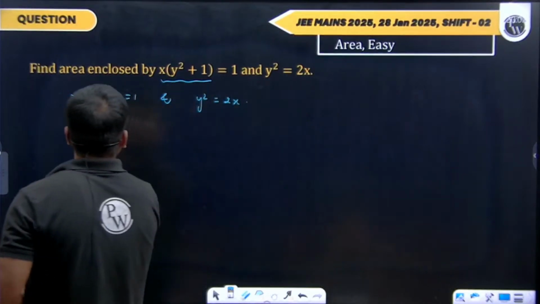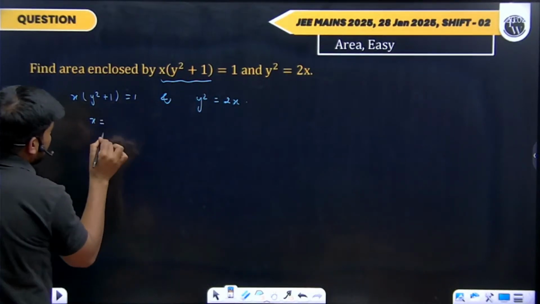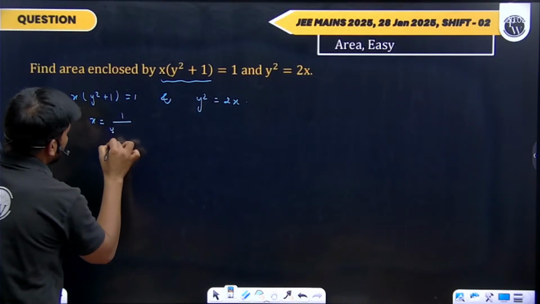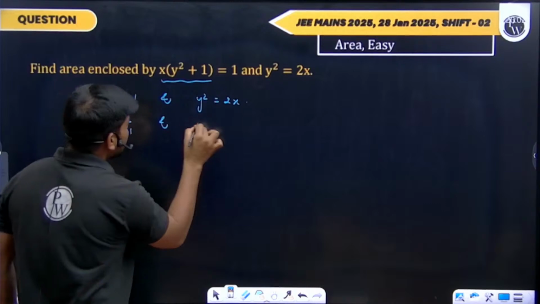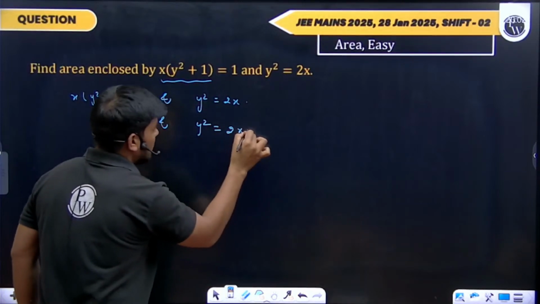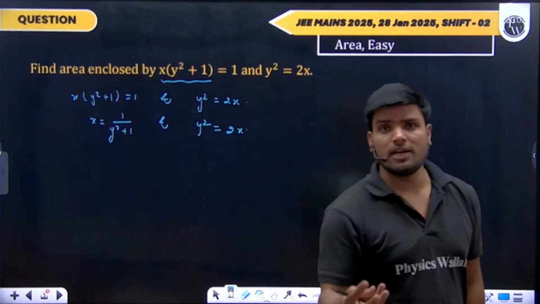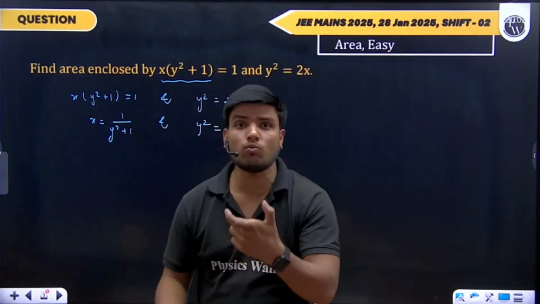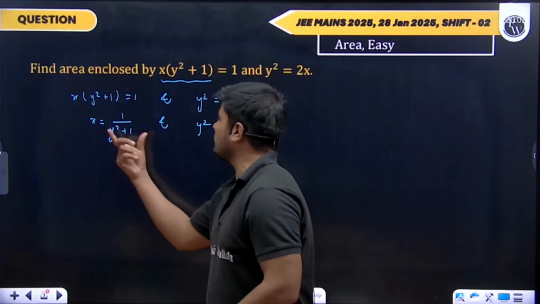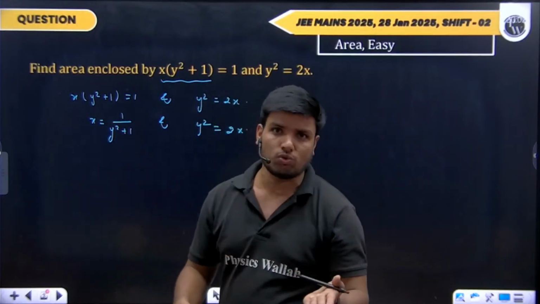If we want to write this curve in some other form, like x equals to 1 upon y square plus 1 and y square equals to 2x, since it is in our nature that we always want to see any function in the form y equals to f(x), and here the functions are written in the form x equals to f(y).